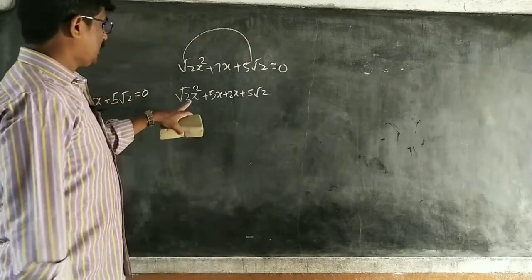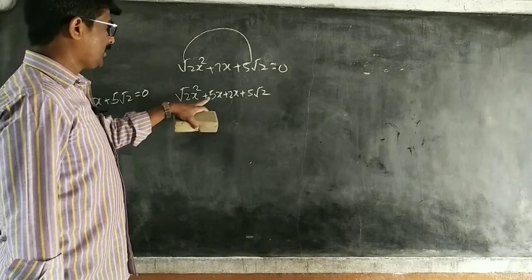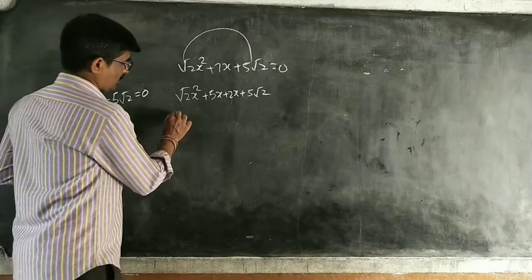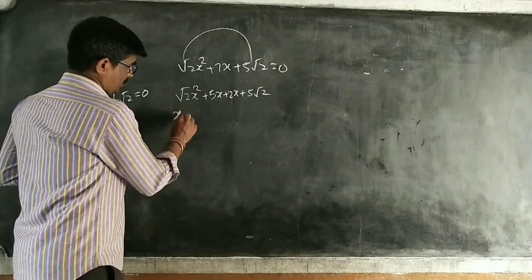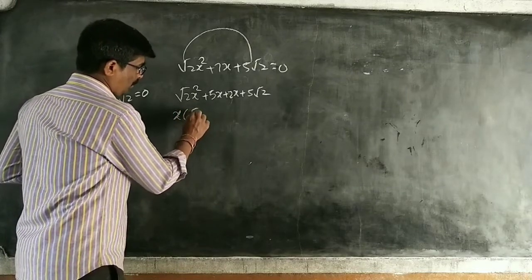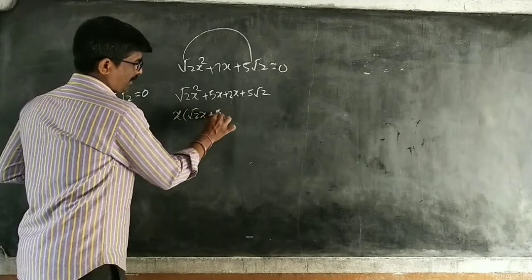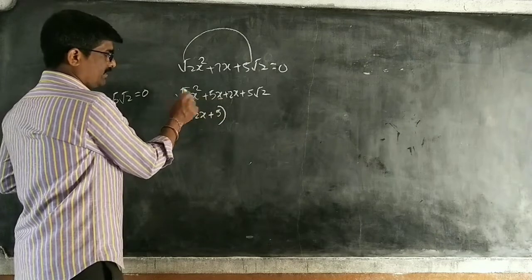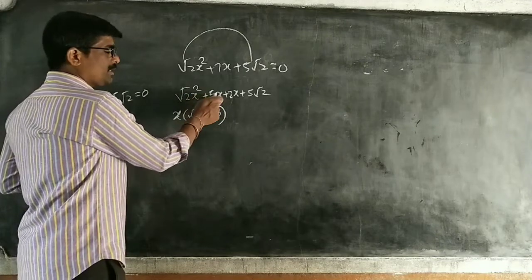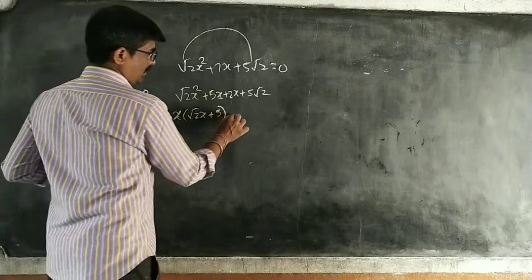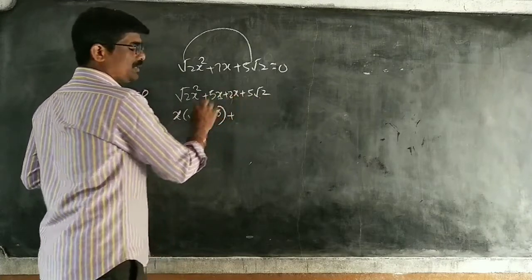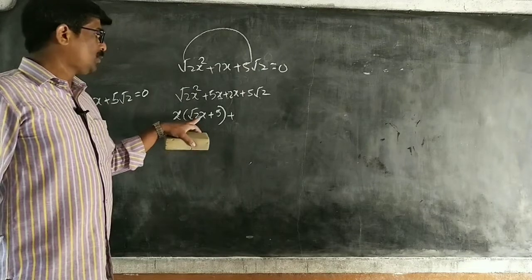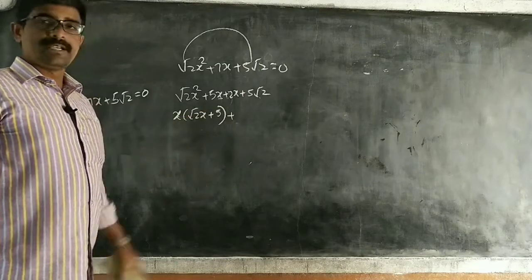So here, possibly we have to take x common. Okay, right. So x common means root 2 into x plus 5. So here x is there, here x is there, x is the only common term in both. Next, here root 2 is there, here only 2 is there. But the bracket should be equal, so root 2 x plus 5 is not possible.